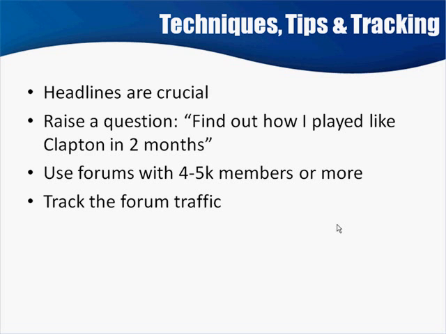Make sure you track the traffic from every single forum. In order to do that, every username that has a signature that you are using has to have a unique identifier so that you know where the traffic is coming from. It would be best if you could correlate that with your keyword identifier.